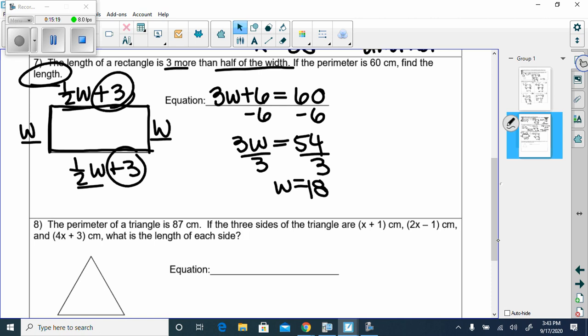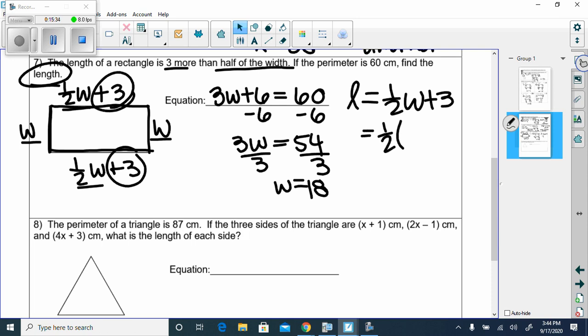Not W, they said find the length. And this is what we said the length was, right? We said the length was equal to 1/2 W plus 3. And now that I know that W is 18, I'm going to plug that in.